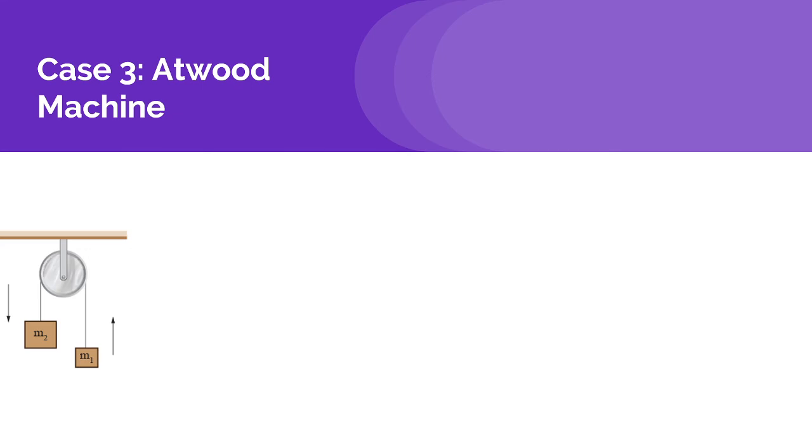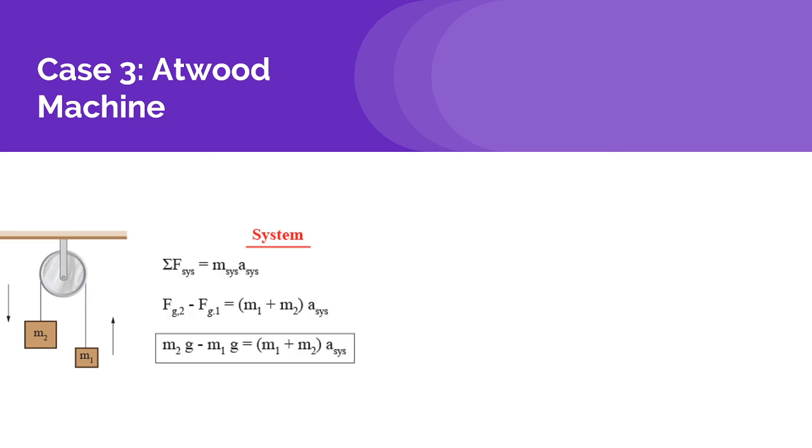And Atwood machines, it's a little bit different version of these questions. This time both of the objects are basically moving on the y-axis, so they're a little bit simpler because there's no x-axis, there's no friction. So in this system, we basically have two weights, and they're going against each other.